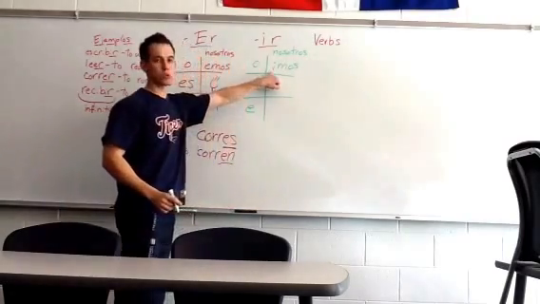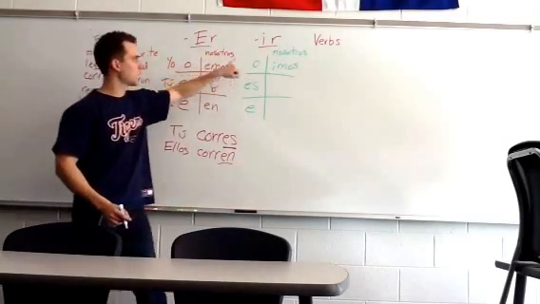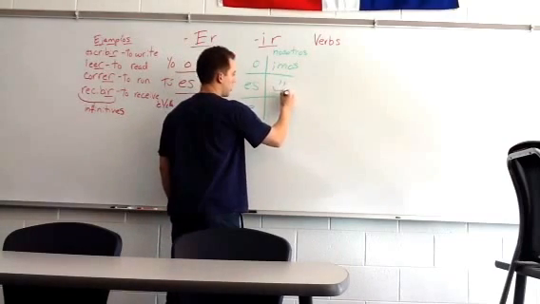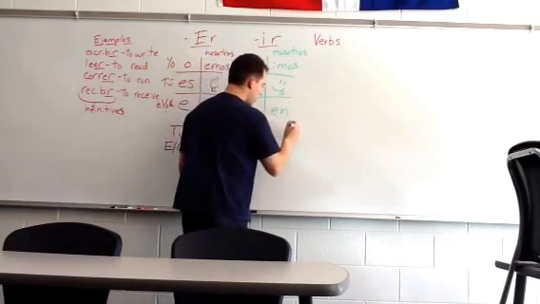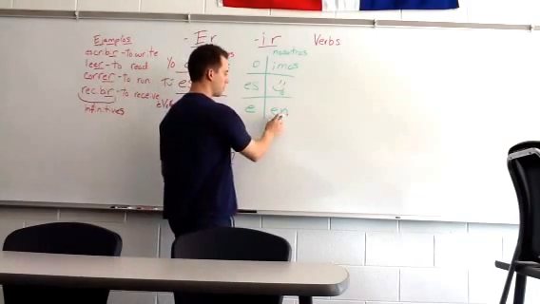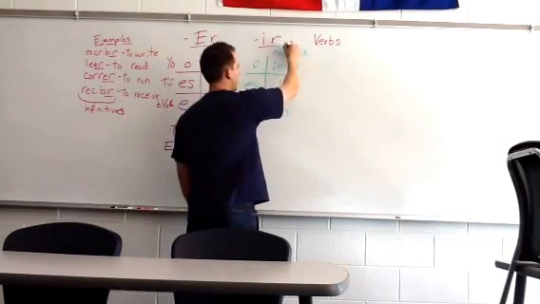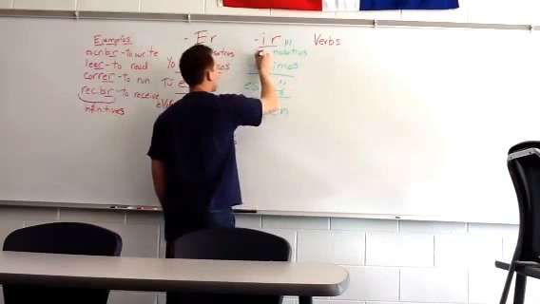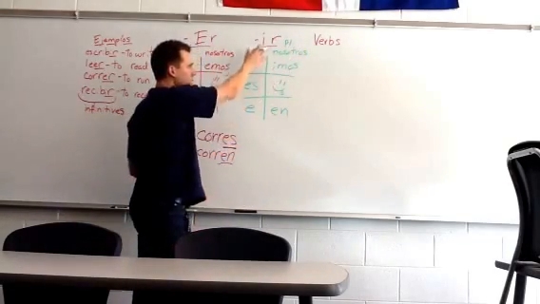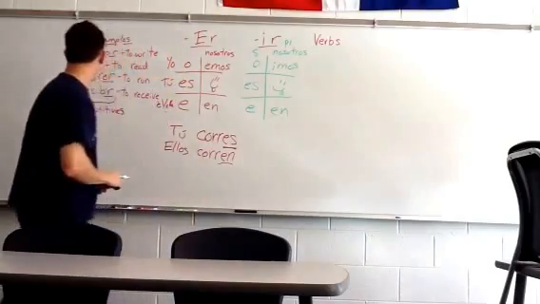Imos. Notice with the ER it's emos, IR, imos. Nothing here, and then down here, for ellos, ellas, ustedes, the plural, en. Now remember, this side is plural, this side is singular.